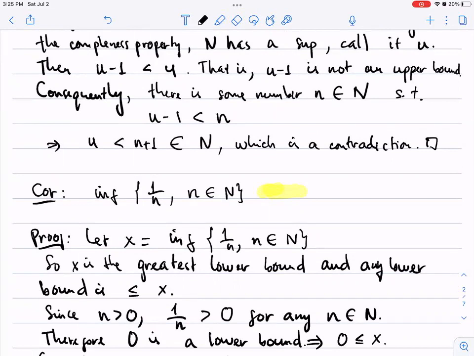Now the corollary to the Archimedean property is also very important. It says that the infimum of the set of all reciprocals of the natural numbers, all numbers of the form 1 over n for n a natural number, this set has an infimum, and the infimum is actually equal to 0.